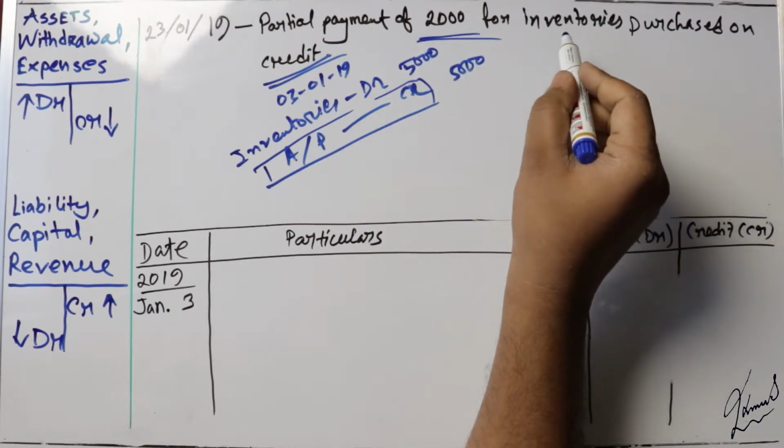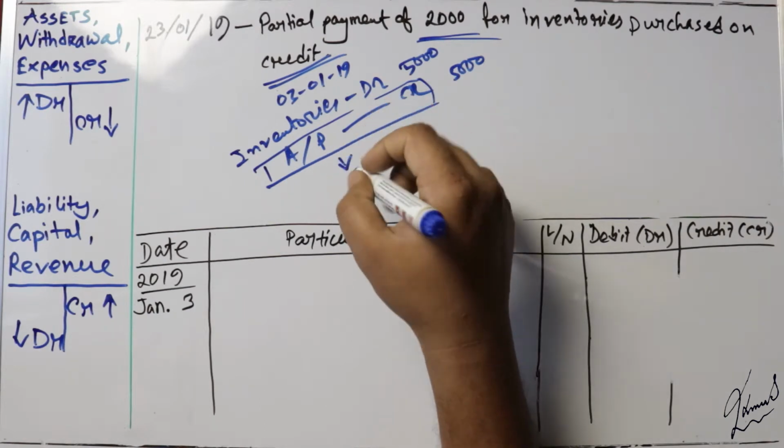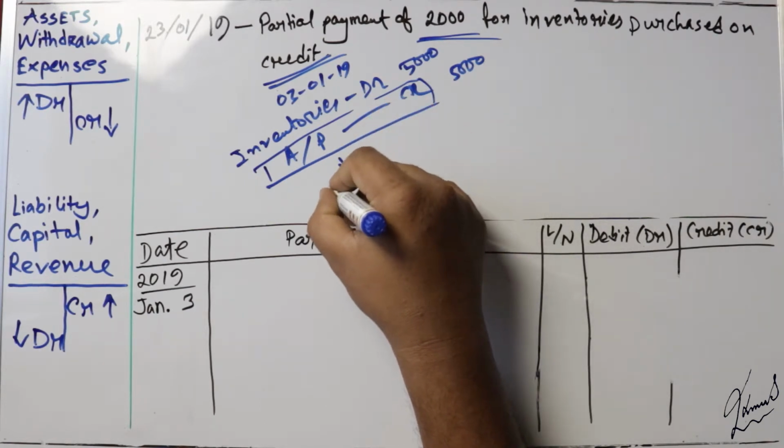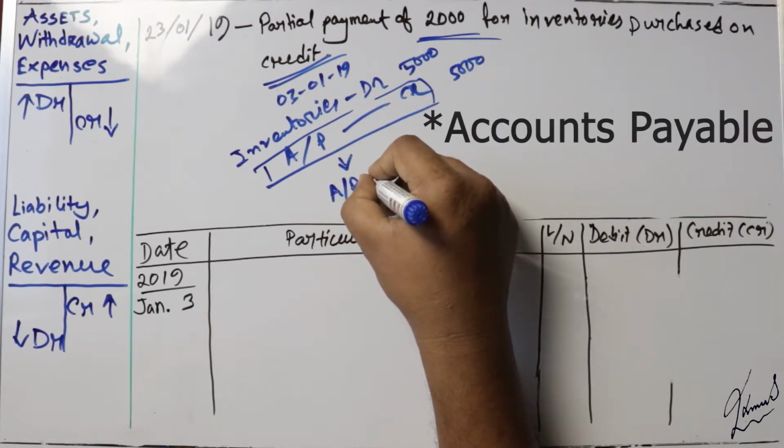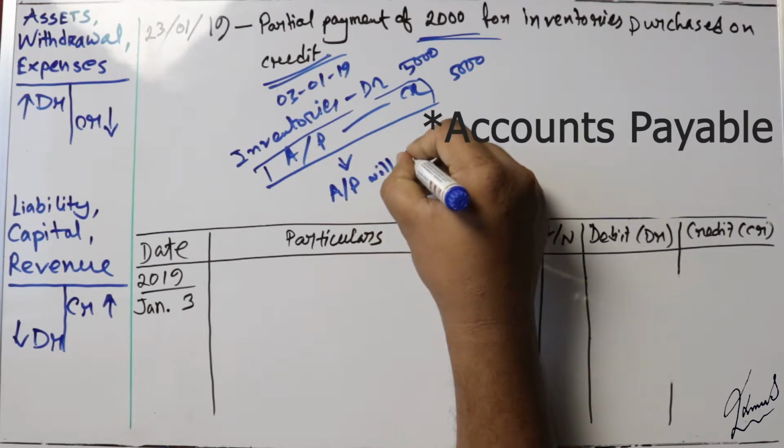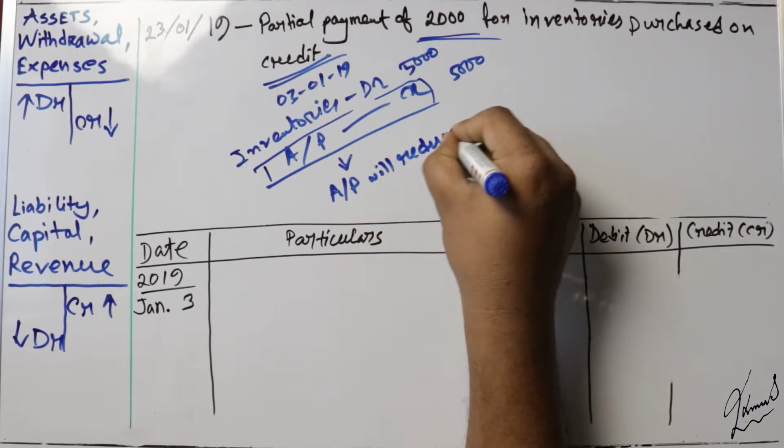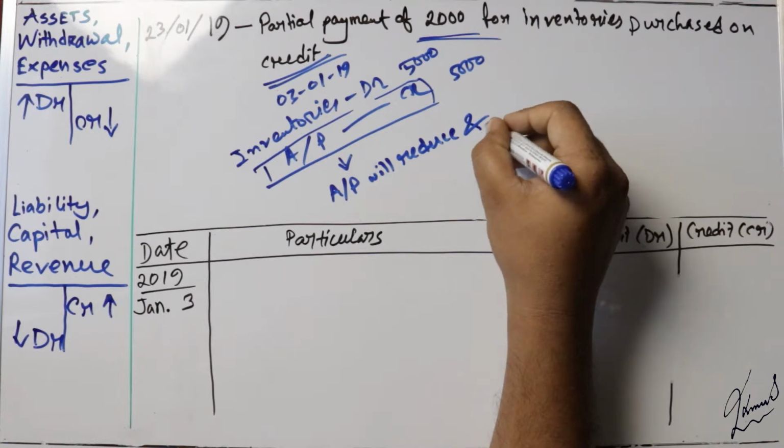But now we are paying 2,000 worth of cash. So we cannot keep the accounts payable at 5,000 because we are paying right now, so accounts payable will decrease, and at the same time cash will also reduce.